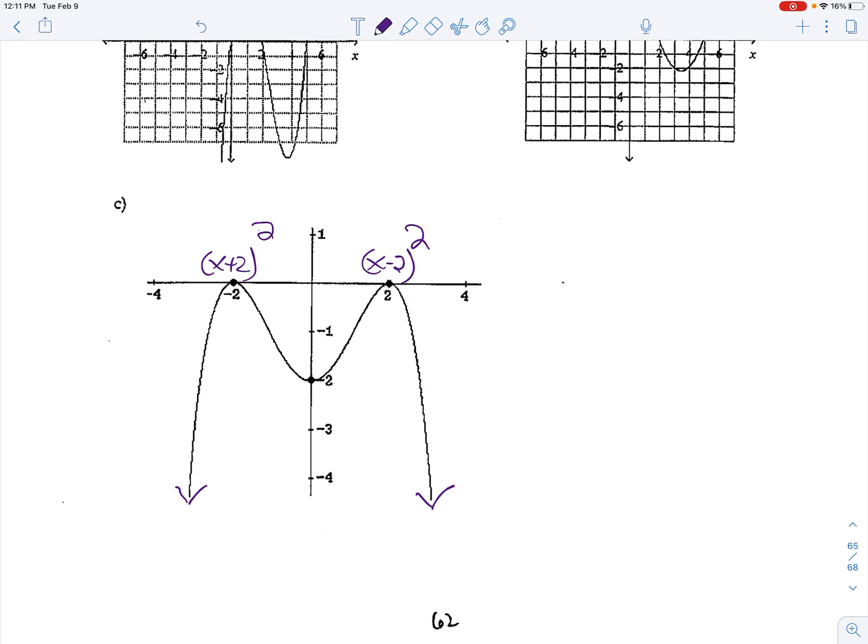Positive 2, negative 2, both tangent to the x-axis at those roots, meaning even multiplicity. Those roots getting repeated an even number of times, right? Now, this is a quartic function, so I know the multiplicity is going to be 2 here and not 4.